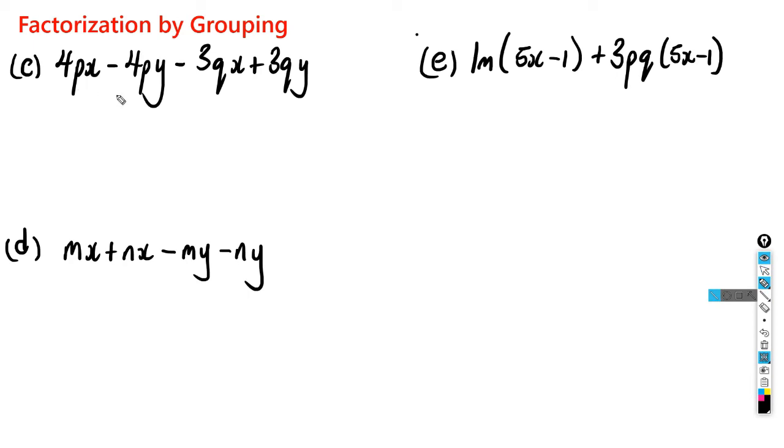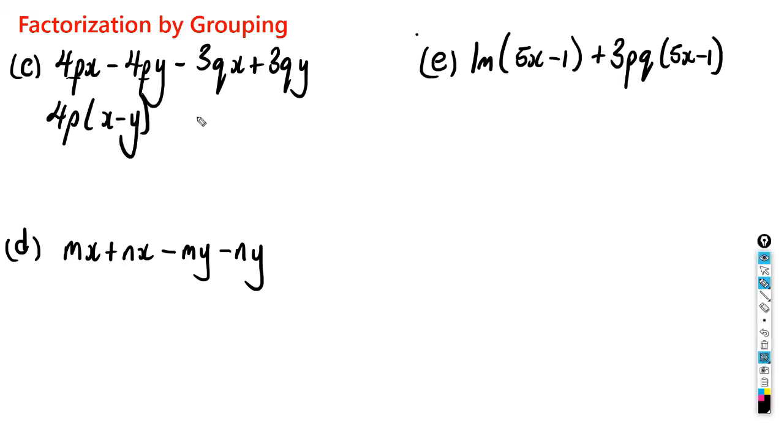So the first thing we're going to do here is factor out a 4p out of the 4px minus 4py, and we should get x minus y.